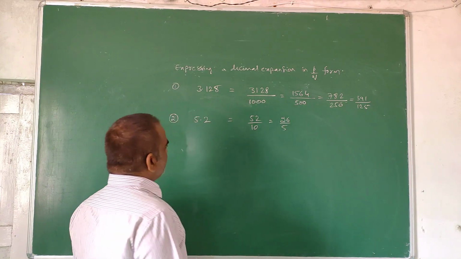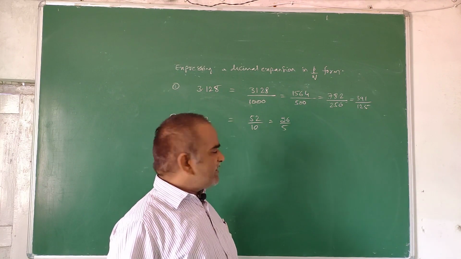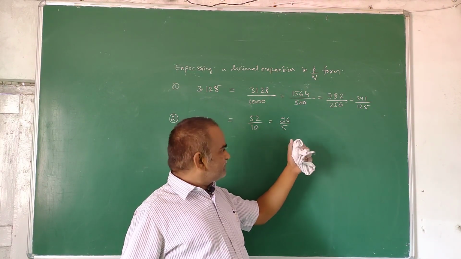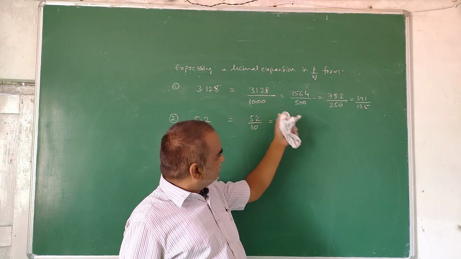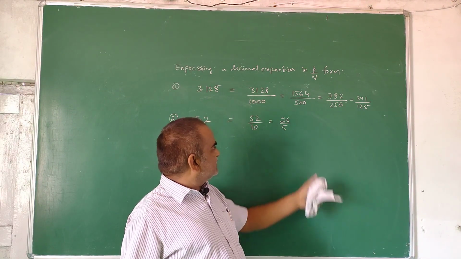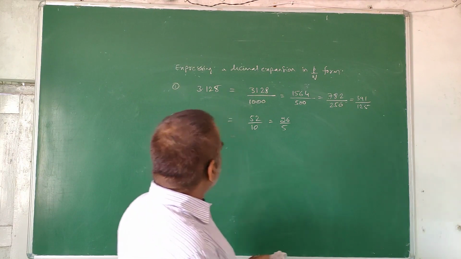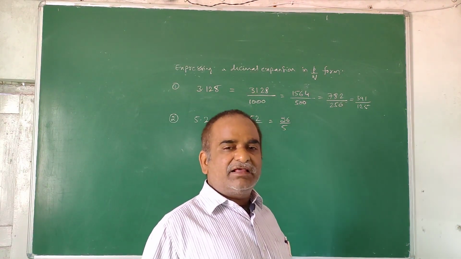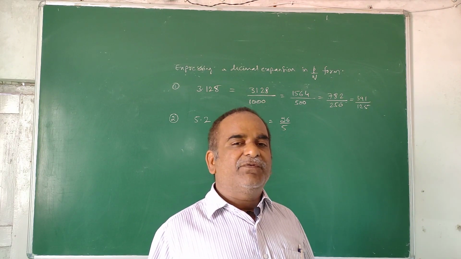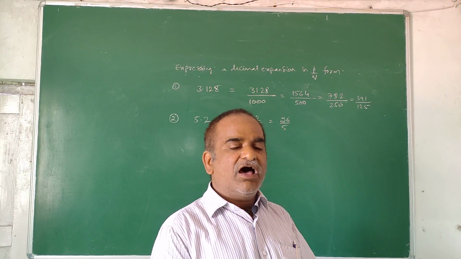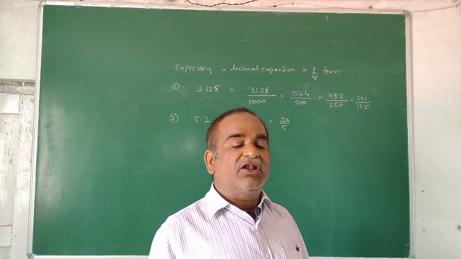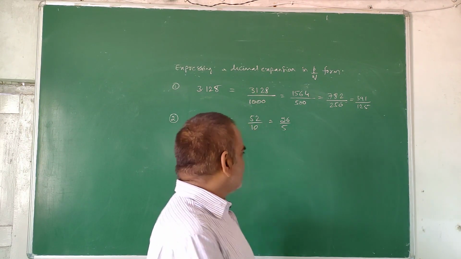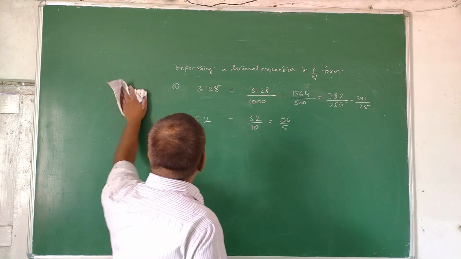So 5.2 in P by Q form is 52 by 10, and in its simplest form it is 26 by 5. So how to express a terminating decimal in P by Q form, now you have learned. Now how to express a non-terminating recurring decimal in P by Q form, we are going to discuss now.